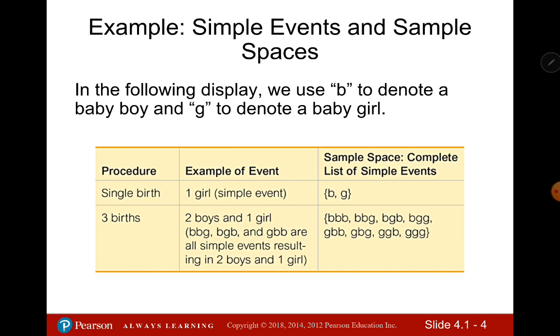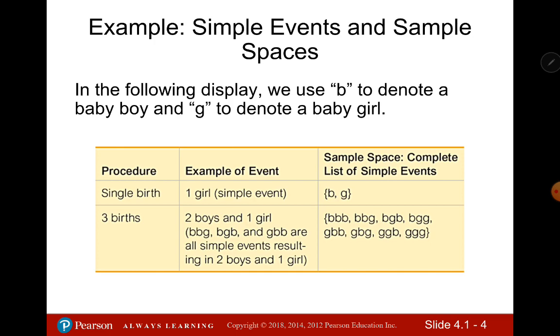Right? Let's check the sample space. Sample space is the set of all possible simple events. So in this sample space, we should have B, G. B stands for one boy. G stands for one girl.